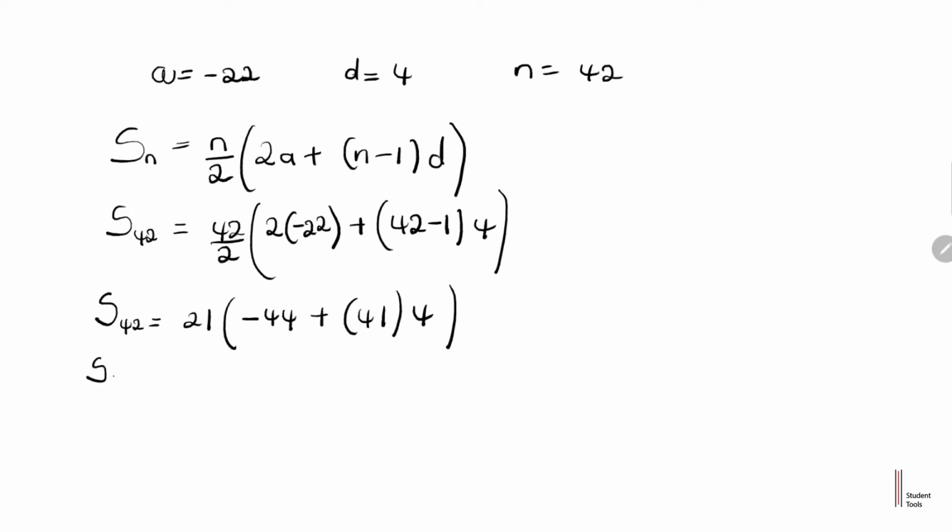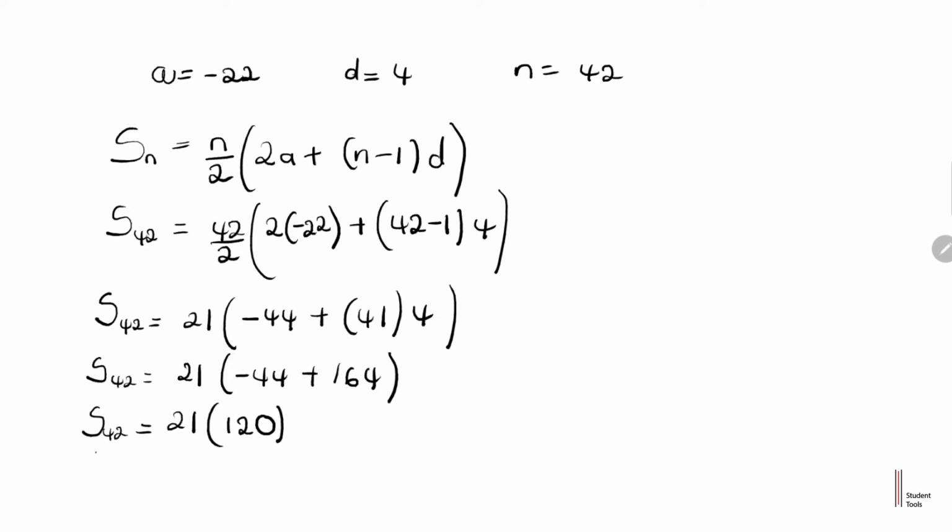The sum of the 42 terms is equal to 21 open bracket minus 44 plus 41 multiplied by 4, that is a positive 164. So we close this bracket, and then we have the sum of the 42 terms is 21 multiplied by negative 44 plus 164, that is 120.